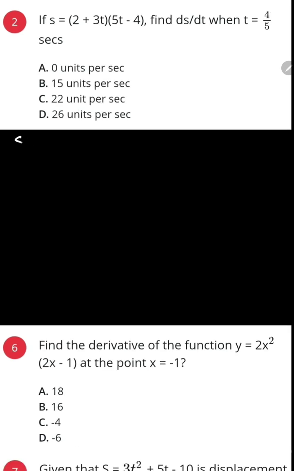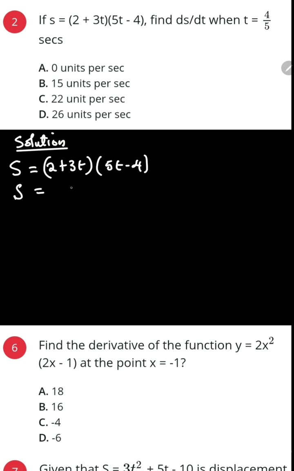So let's move to the next question. This question is very similar to the one we just finished solving, but this one is under kinematics. The distance s equals (2 plus 3t) into (5t minus 4). If I were you, I would expand.